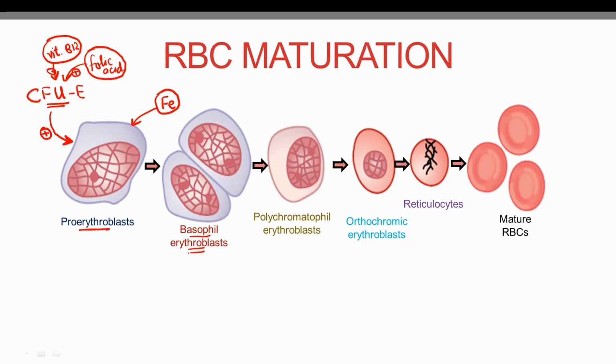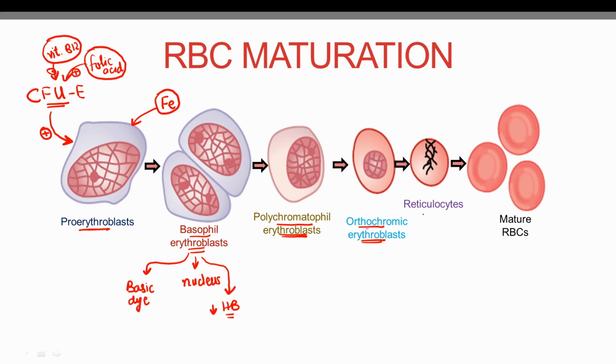They are known as basophil erythroblasts because they stain with the basic dye. Moreover, the basophil erythroblasts contain a nucleus and they contain minimal hemoglobin. The next step is the conversion of basophil erythroblasts into polychromatophil erythroblasts and orthochromic erythroblasts. With each step, the size of the nucleus is decreasing and hemoglobin concentration is increasing.